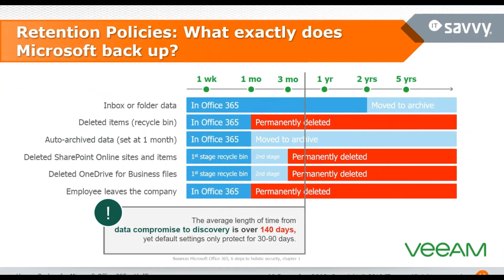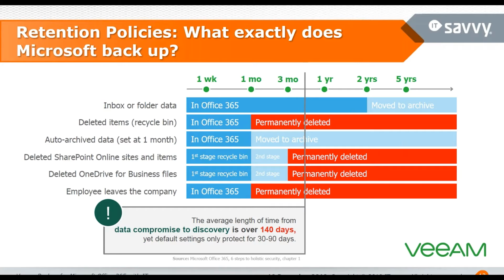What exactly does Microsoft back up, and how does it work? Well, one of the big things for us, like I talked about, is that in our deleted items, once we get to that permanently deleted items folder especially, it's gone at a maximum of 30 days. The default is 14 days, and most customers don't know that they can even make that change.